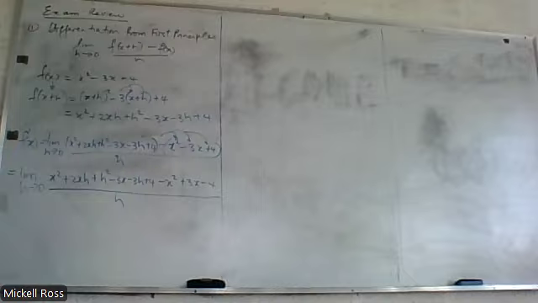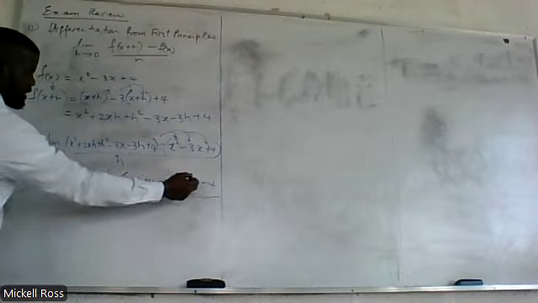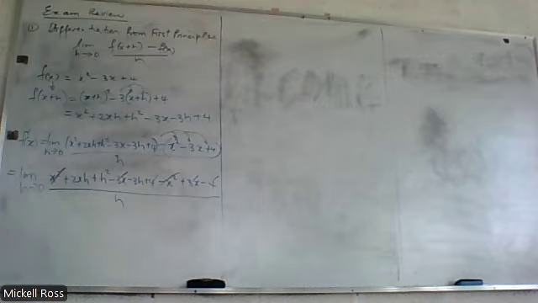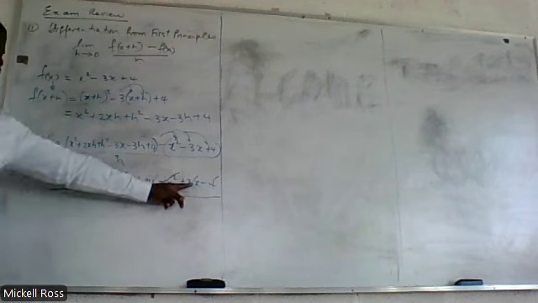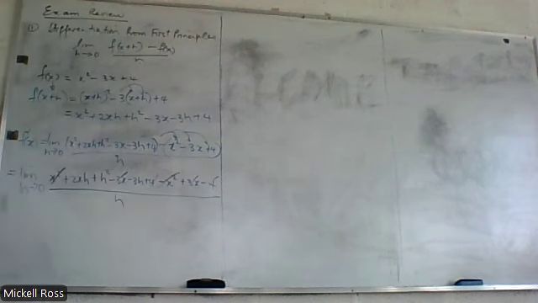Now let's look at what can cancel. X squared will cancel with x squared, 3x will cancel with 3x, and 4 will cancel with 4. Positive, negative, so they cancel each other. So then what are we left with?